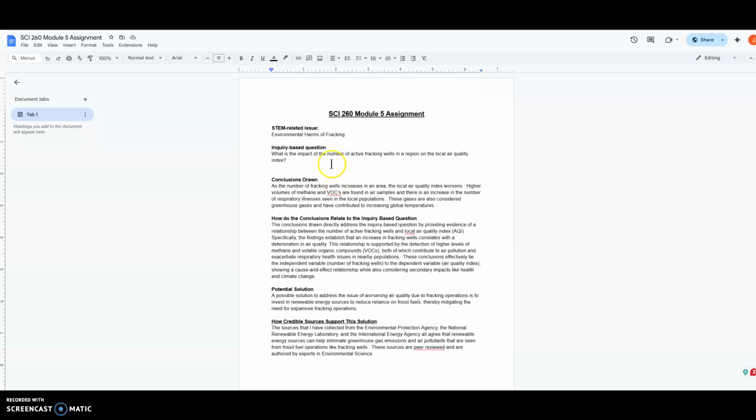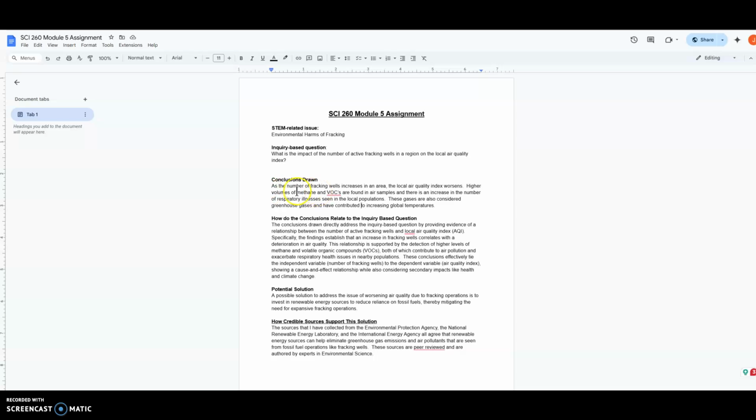So I drew a couple of different conclusions. I did say that as the number of wells increase in an area, the local air quality index worsens, that with the higher volume of methane and VOCs that are found in the air, there's an increase in respiratory illnesses in the human population that's near them, and that methane and VOCs are considered greenhouse gases, and they've contributed to increasing global temperatures.